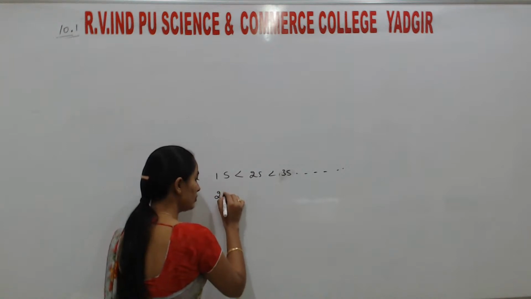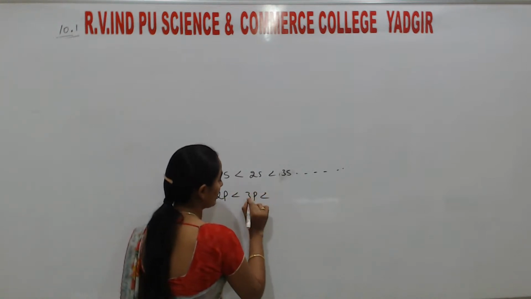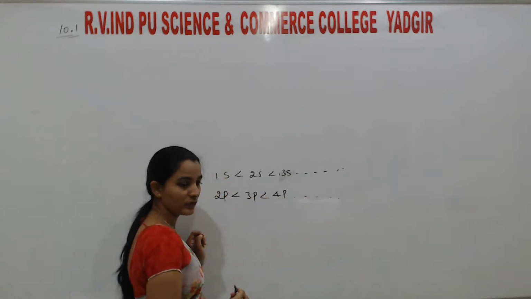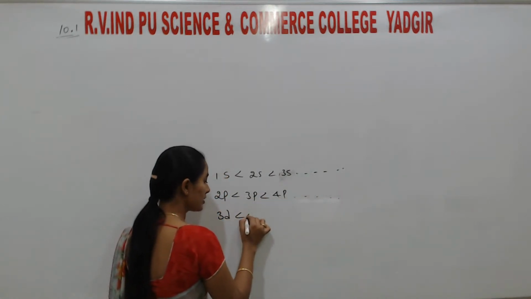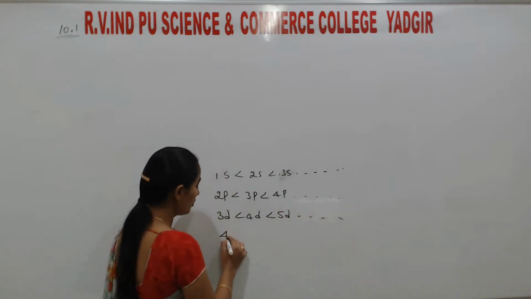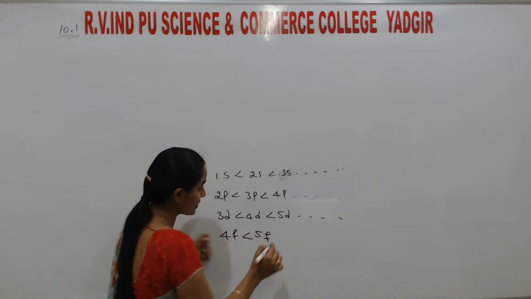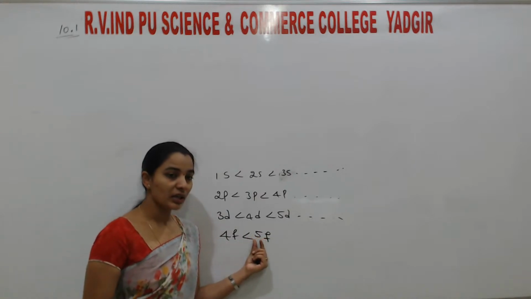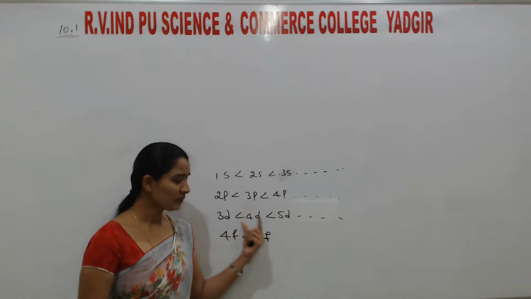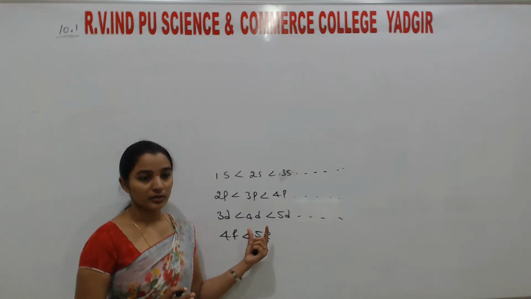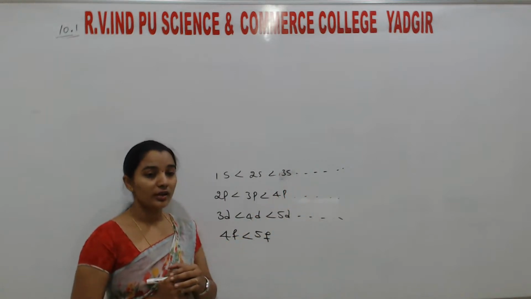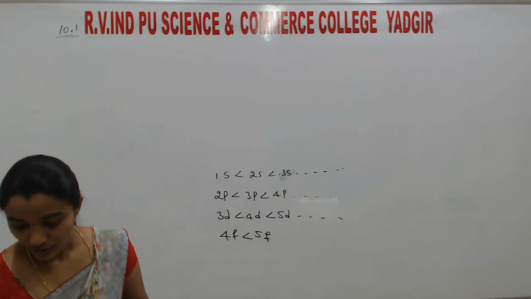Next, 2p is less than 3p, less than 4p, etc. For 3d also, 3d is less than 4d is less than 5d, etc. 4f is less than 5f. It means the one having the greater n value has greater energy. So remember that. If you know this, then you can easily go on to write the electronic configuration. So we will go with that.